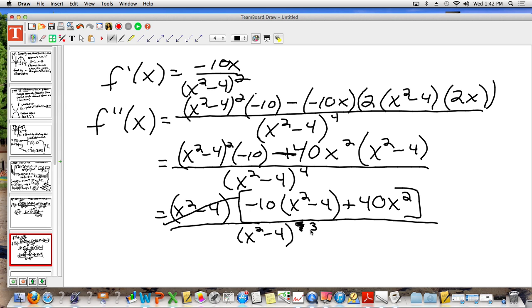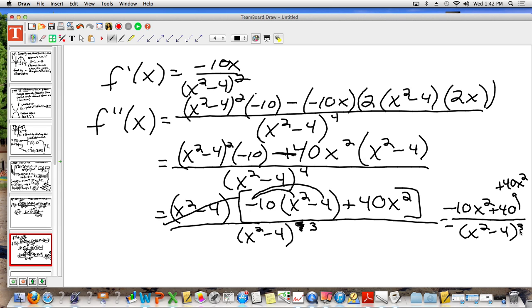Clean it up. I keep going here because I'm running out of room. Negative 10 times x squared, negative 10 times negative 4. Negative 10 times x squared is negative 10x squared. Negative 10 times negative 4 is positive 40, plus 40x squared, all divided by x squared minus 4 to the power of 3.